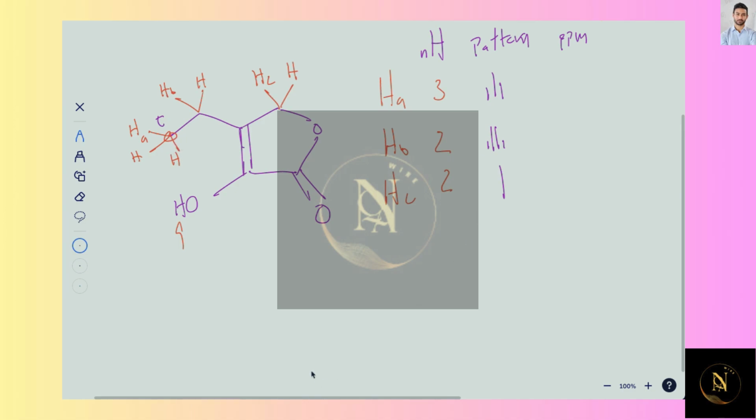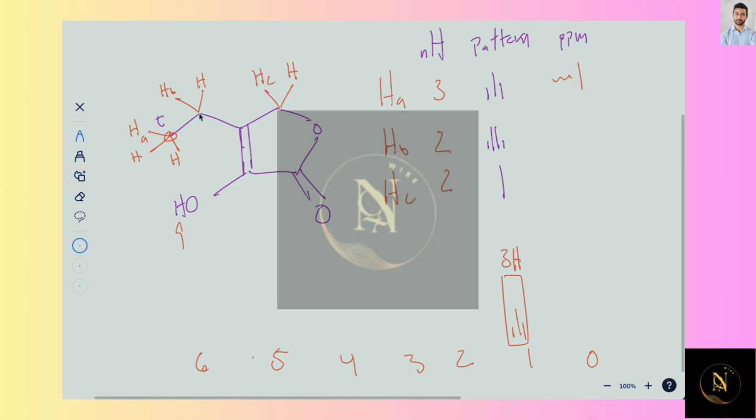So if we've got a slot that's 6, 5, 4, 3, 2, 1, 0, we should expect that A will be close to 1. So we're going to put that in this slot, and it's going to be a triplet, and it's going to be 3 protons.